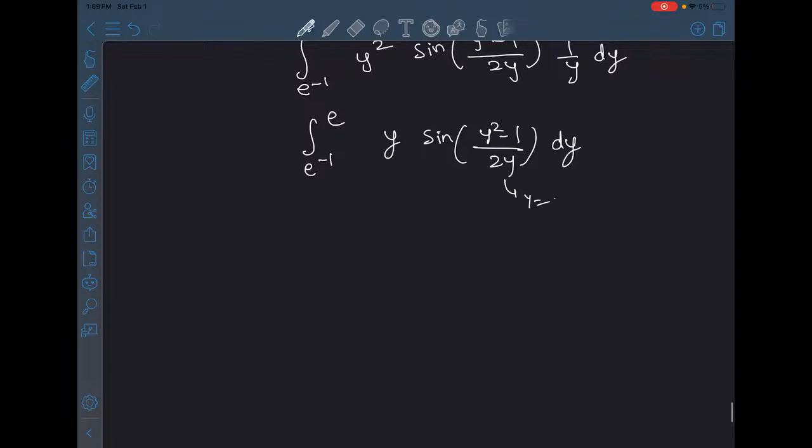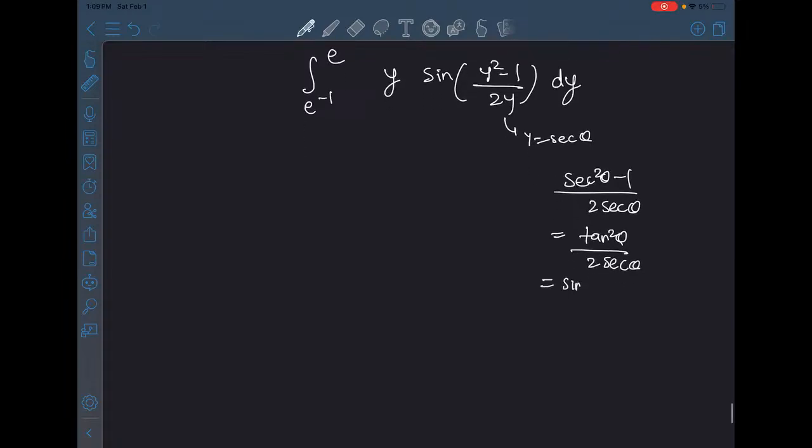If we substitute over here y as sec theta, this will be sec square theta minus 1 by 2 sec theta, which is tan square theta by 2 sec theta. Now that is sin square theta by cos square theta times 1 by 2 times cos theta, and that is just 1 by sec theta tan theta. How is that even helpful to us?